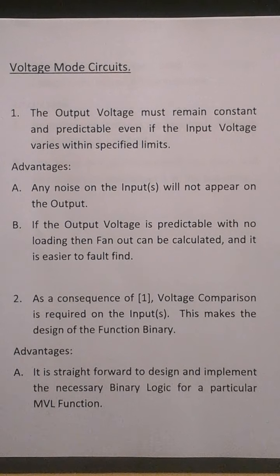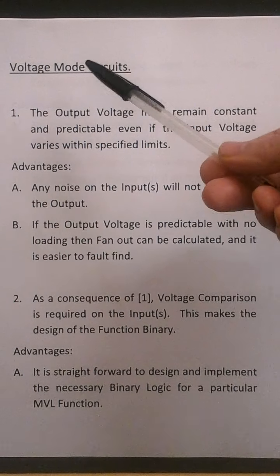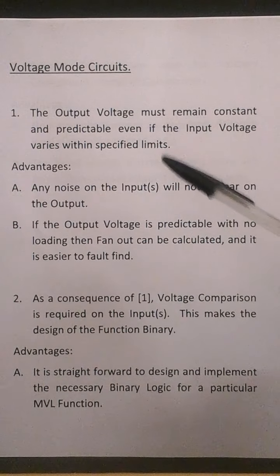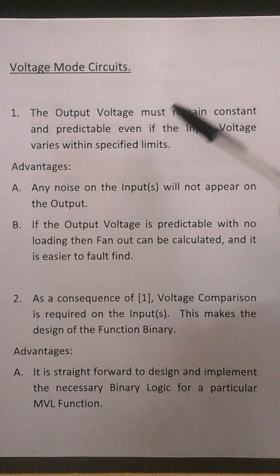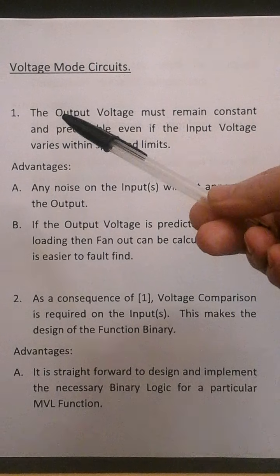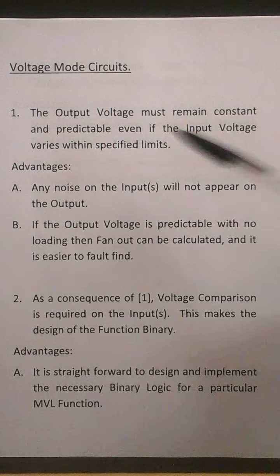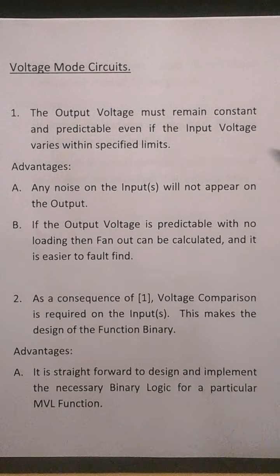Right, so I just want to go through quickly some of the design considerations for the functions I'm going to build. So these are voltage mode circuits, and consideration number 1, the output voltage must remain constant and predictable even if the input voltage varies within specified limits.